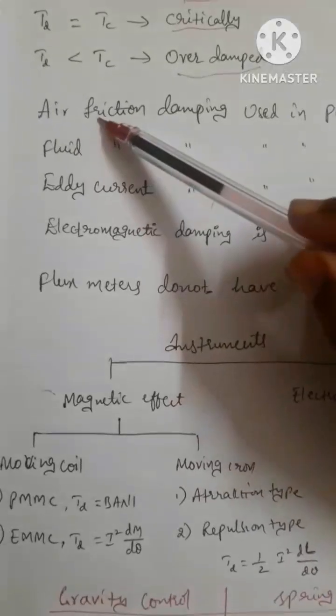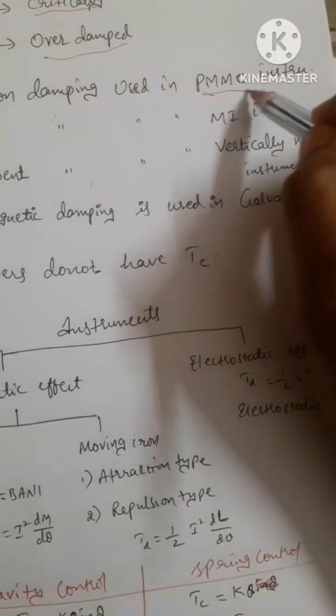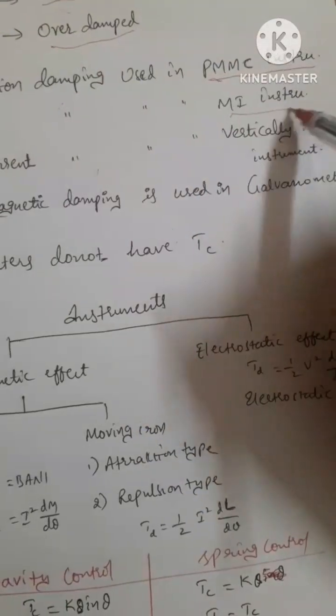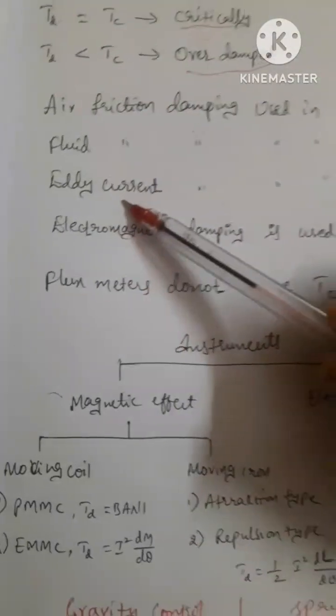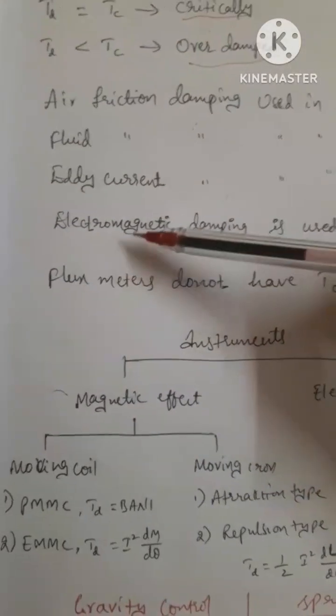In which instruments do we use air friction damping? In PMMC, permanent magnet moving coil. Fluid friction damping is used in MI, moving iron instruments. Eddy current damping is used in vertically mounted instruments.